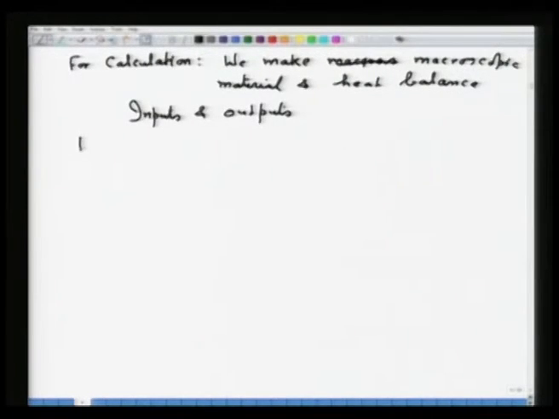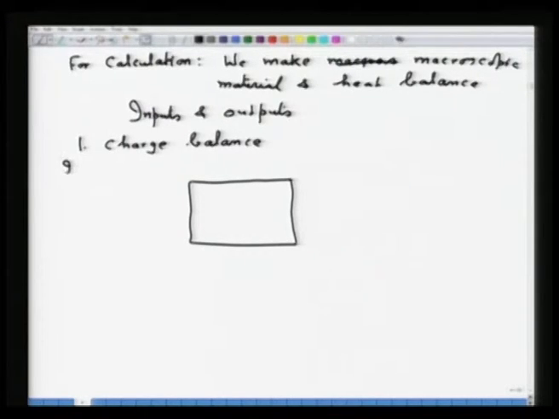Now, what will be our objective of this calculation? Say first we will like to calculate charge balance. Now, for charge balance, if I again draw a material balance type of box, this is my reactor. Here my inputs and here I have outputs.